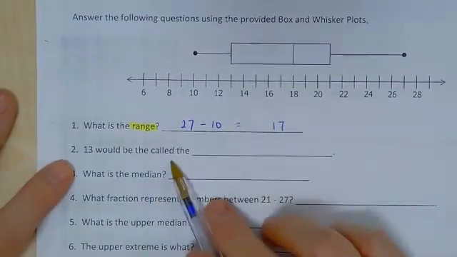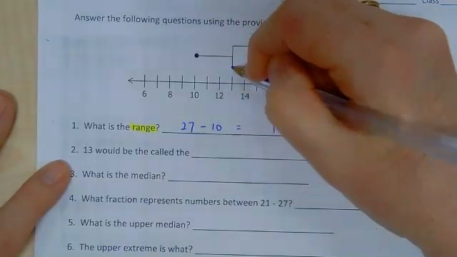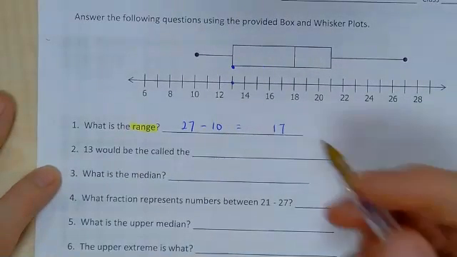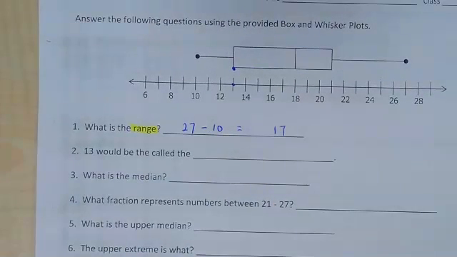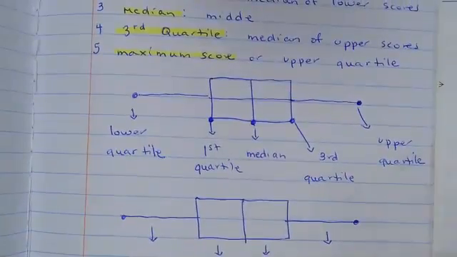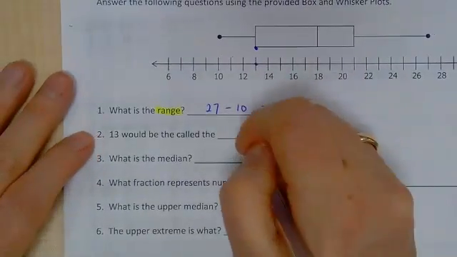What would 13 be called? And again, 13 is right here. So what is that data point called? Okay, you've got that in your book right here. First quartile.